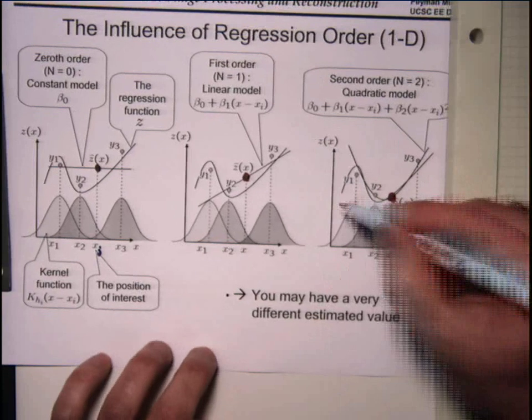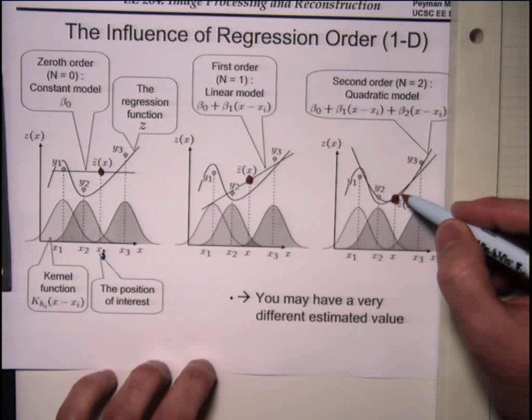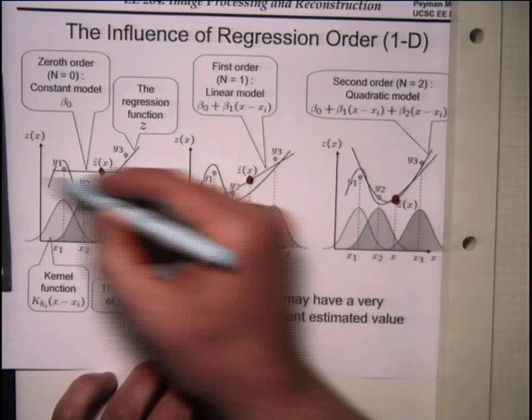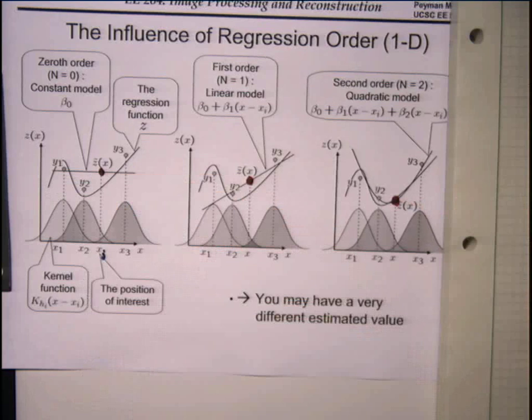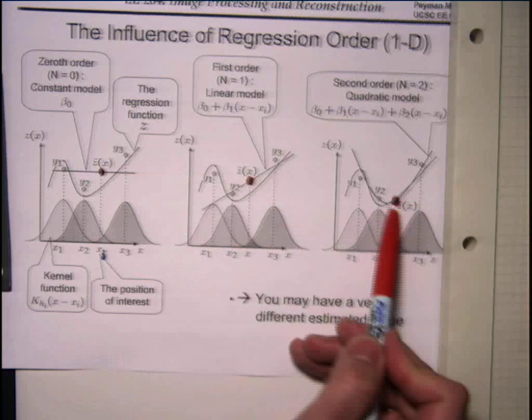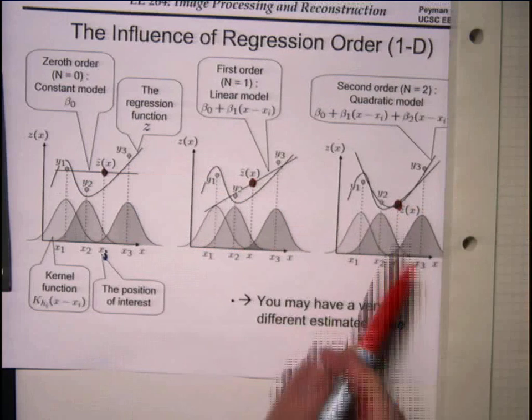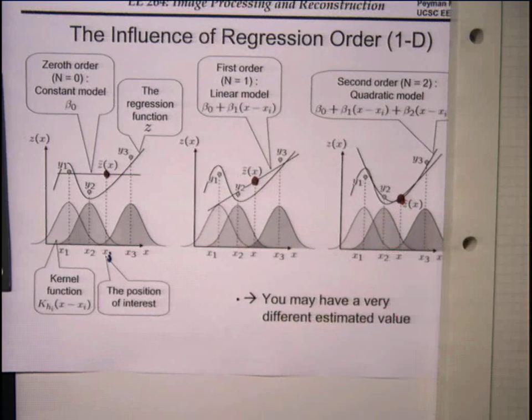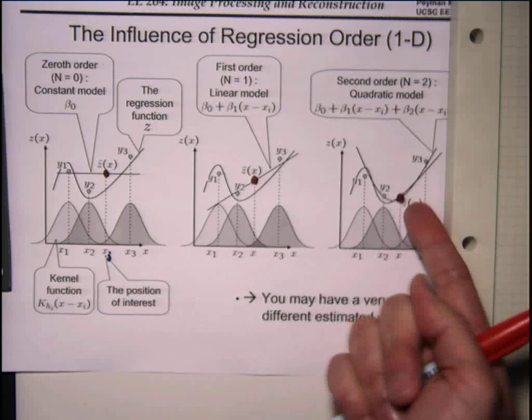Okay? Why? Because when you had a constant, you were constrained as to the local shape of the curve. Here, you have more degrees of freedom. Of course, having more degrees of freedom is also a little bit dangerous, because if these data values were not really changing so much, but if the data values were changing because of noise, then if you keep going to higher and higher order polynomial approximations, then what's going to happen is you're going to end up fitting to noise.